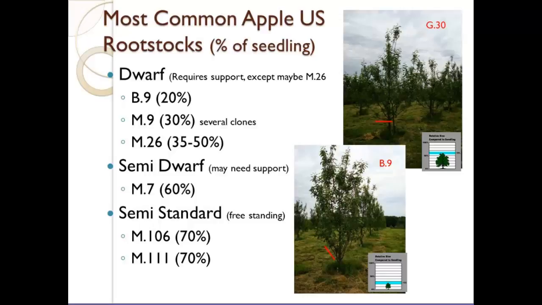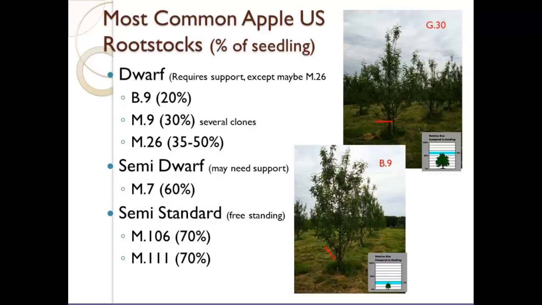So the dwarf ones, I'm just going to give you an idea of some of the names: B9, and I will point out that there are several clones of these, but B9, M9, and M26. And so that means that a B9 is 20% of a full-size tree, so they can really be brought down in size. A semi-dwarf would be like an M7, and it's about 60% of a full-size tree.